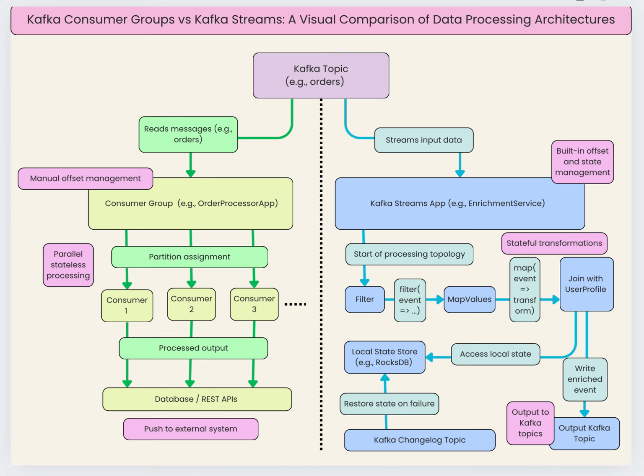This makes the system horizontally scalable and ideal for stateless processing. You can easily increase throughput by just adding more consumers.